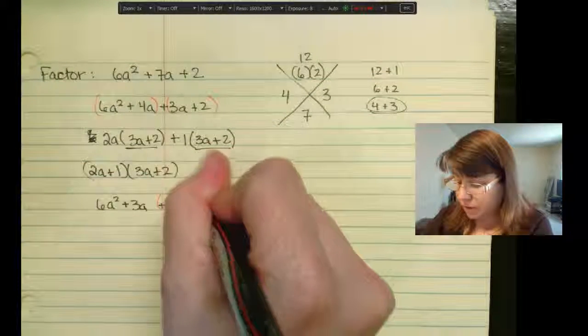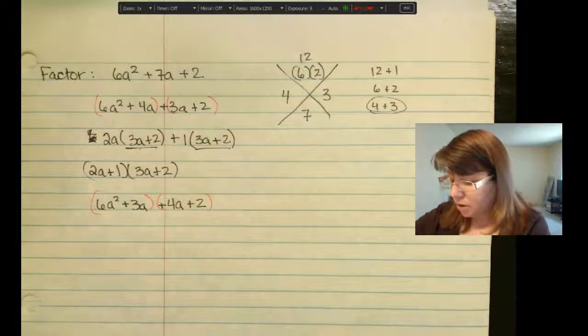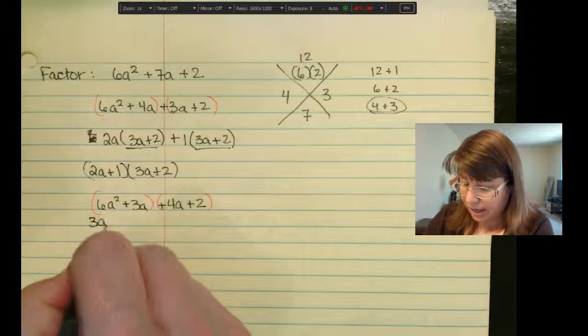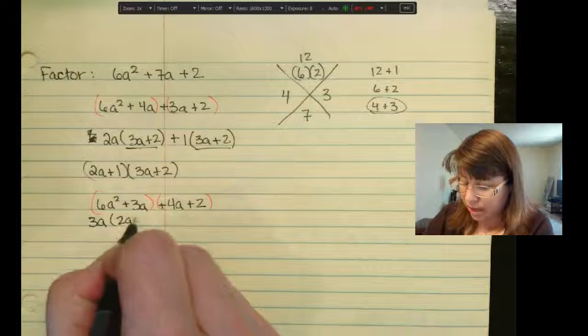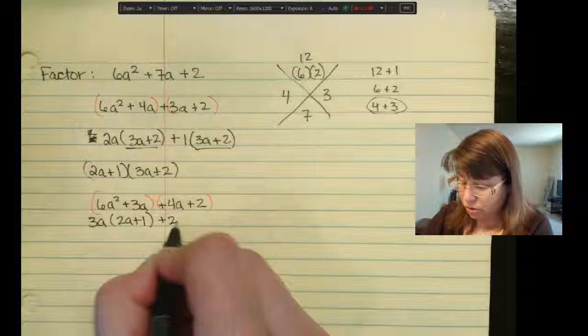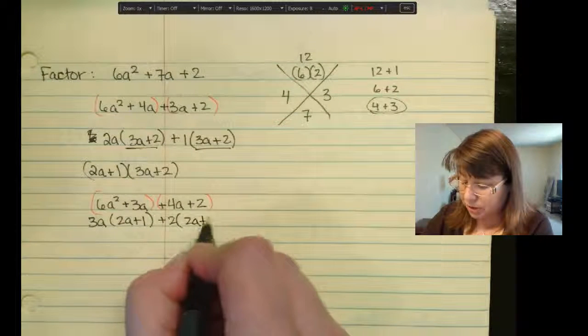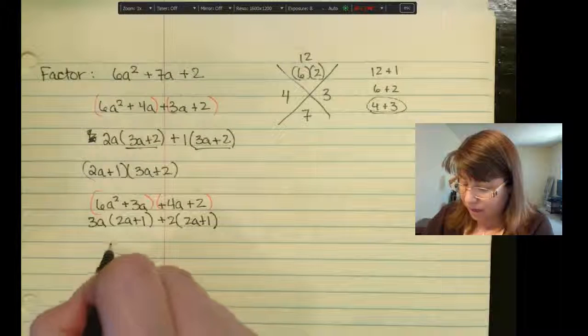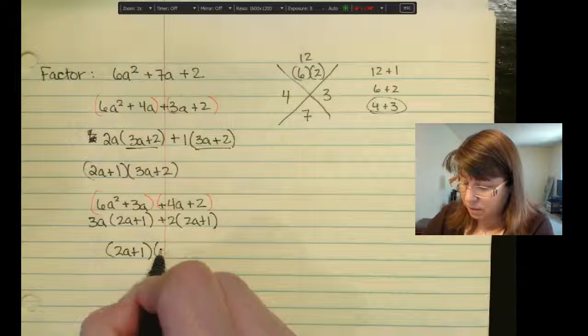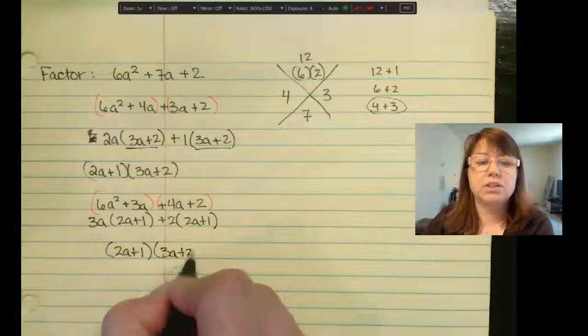Rewrite that middle term in a different order, regroup, and now I can pull out a 3a, leaving behind 2a plus 1, and I can pull out a 2, 2a plus 1, and now I can factor out the 2a plus 1 and leave behind the 3a plus 2.